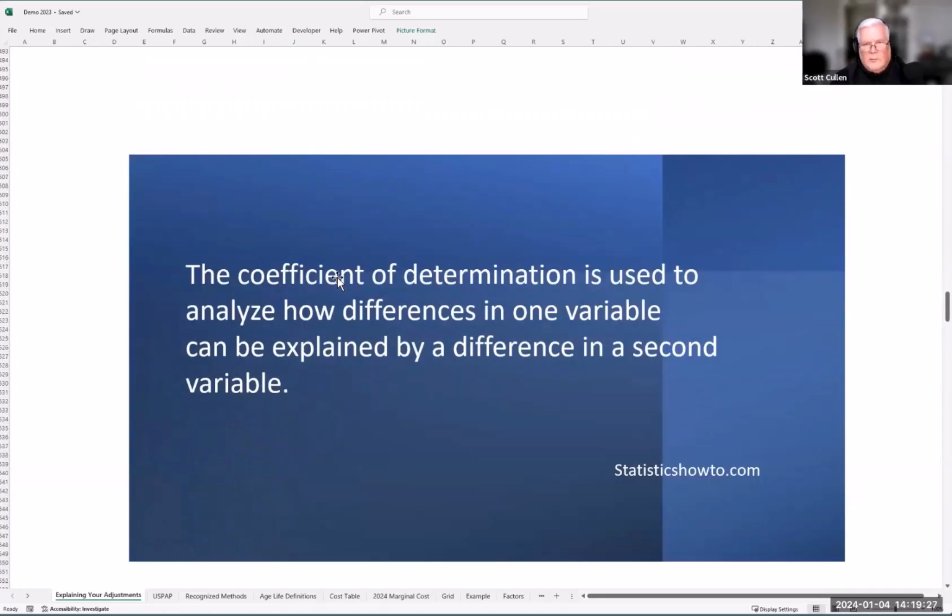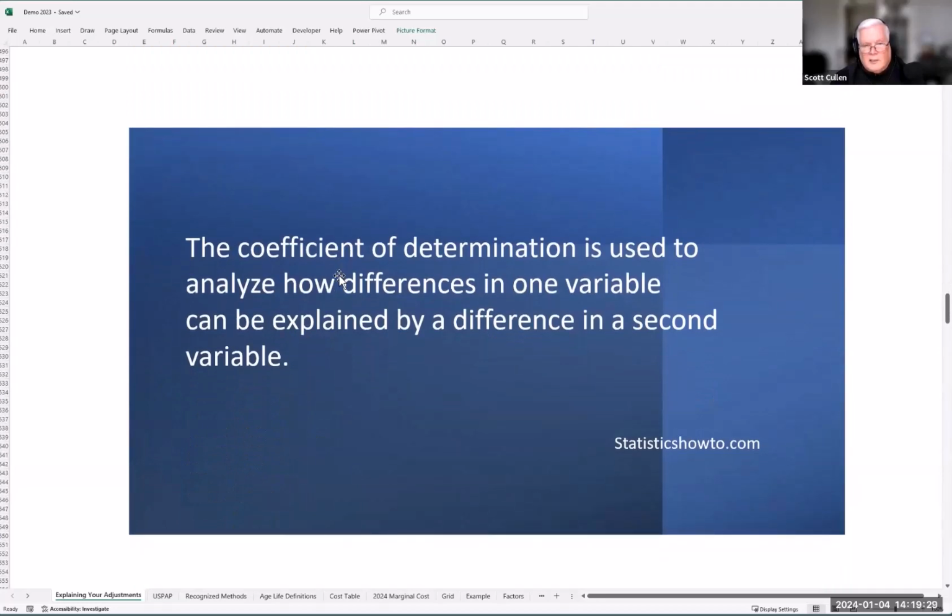When we get into the sensitivity analysis, this is a definition that's important from statisticshowto.com. There's something called the coefficient of determination that we're going to find when we do sensitivity. It is used to analyze how differences in one variable, in our case, the dollars variable, can be explained by a difference in the second variable.